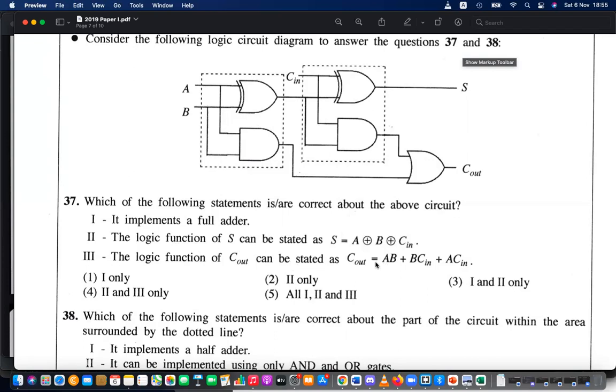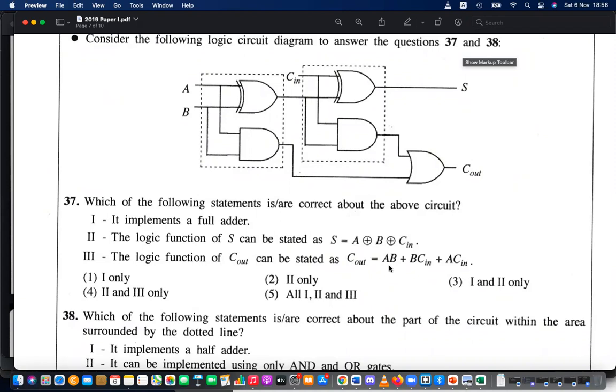The logic function C out is A and B, C in and the A XOR B, which will come here. So you can take C in and A B. So the first one and second one are correct.